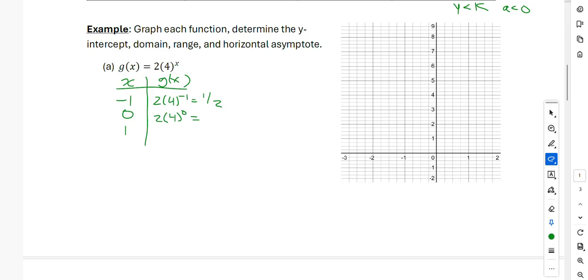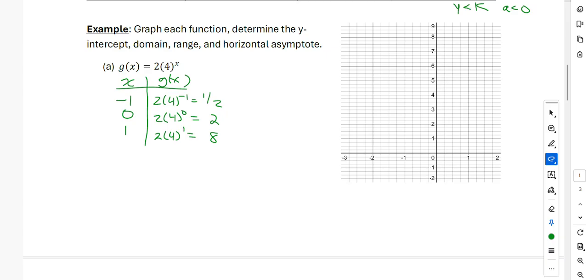What's 4 to the 0? 1. What's 2 times 1? 2. What's 2 times 4 raised to the first? 8. Notice when I go from 1/2 to 2 to 8, I'm multiplying by 4. That will happen every single time.